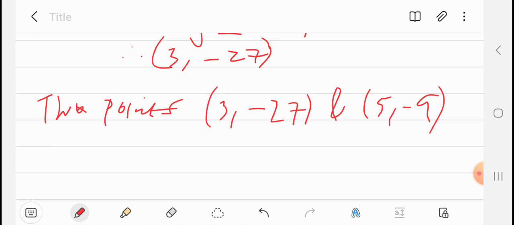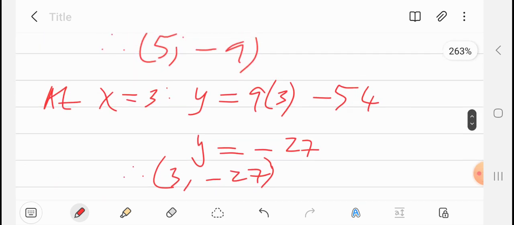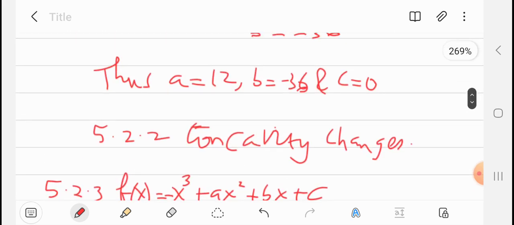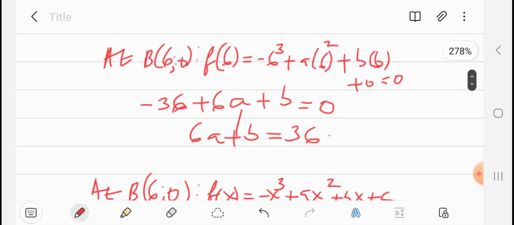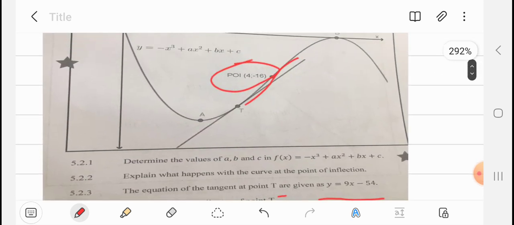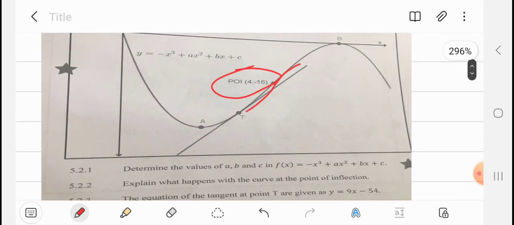Now the question we ask ourselves is, which one is T? We infer that T has x equal to 3 and y equal to minus 27. Why am I saying that? Because if you look at the graph, it has a point of inflection at 4 and minus 6.